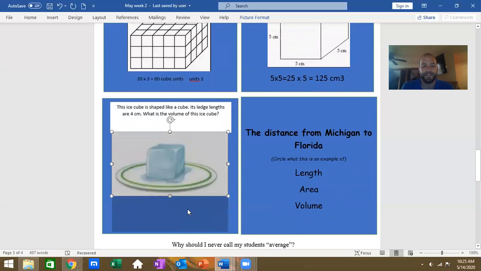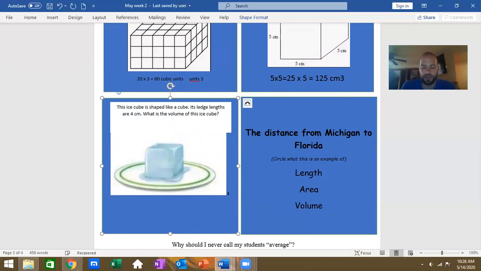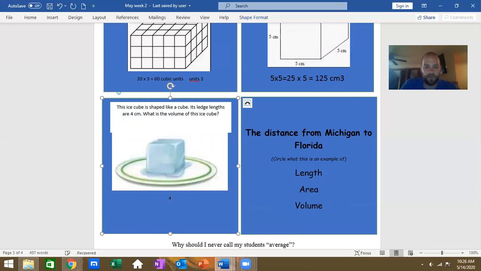Well, the base would be 4 times 4, which is 16. And then if the base is 16, you're going to multiply 16 by 4, and that's 64. And it's centimeters, so it's centimeters cubed.